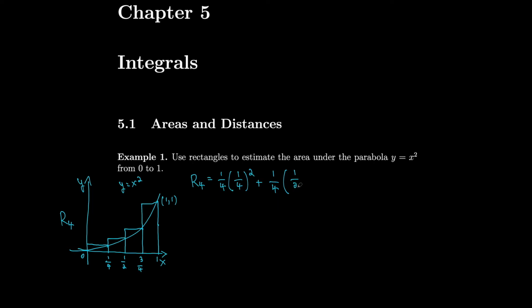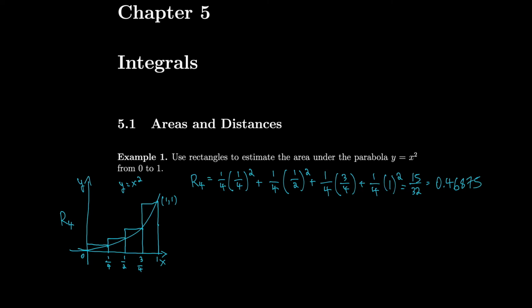So it's the height at 1/2, which is 1/2 squared. For the area of my next rectangle, it's going to be 1/4 times 3/4 squared. Then 1/4 times 1 squared for my last rectangle. Altogether, that adds up to 15 over 32, which is 0.46875.